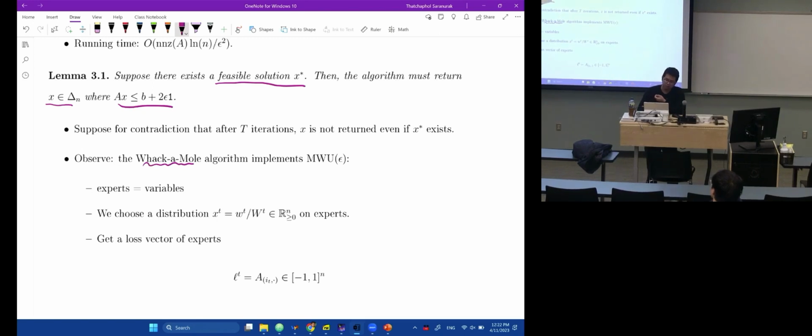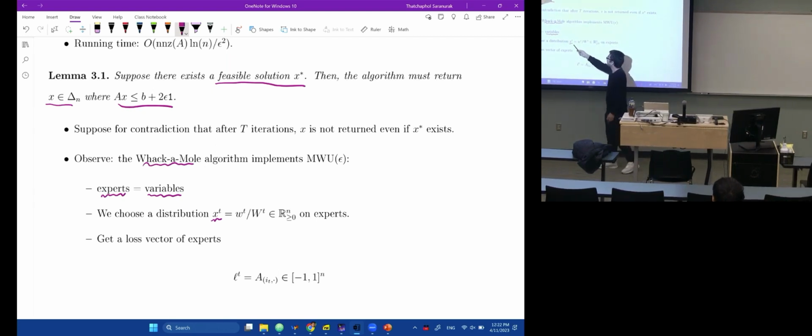Because how? You can think of each expert as a variable. We maintain this distribution x, which is proportional to the weight on experts.